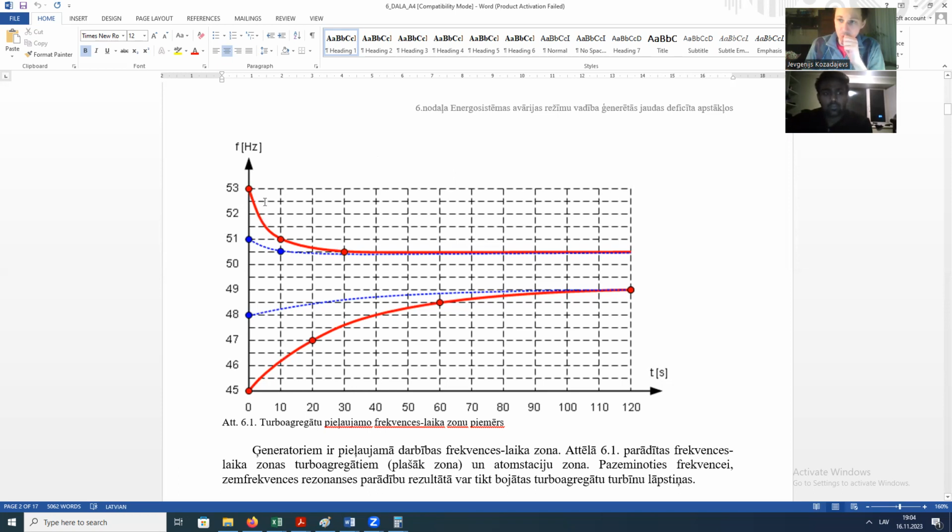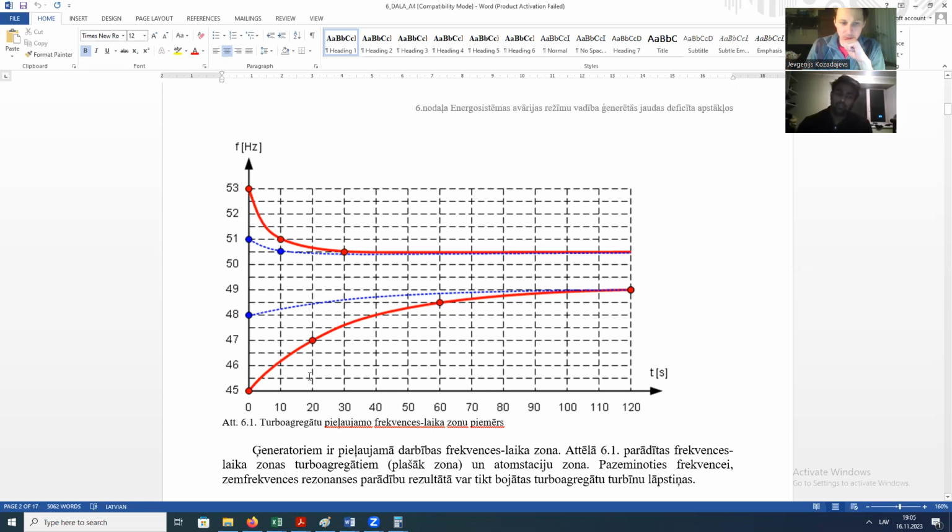And we have two lines for constraints, yes? So here we could operate. Out of the red line, we can't operate, and the protection of the generator will switch the generator off from the grid.